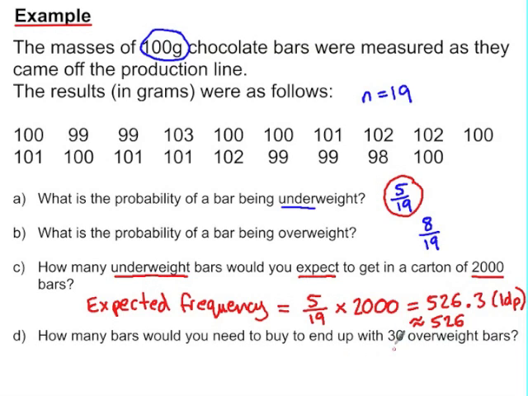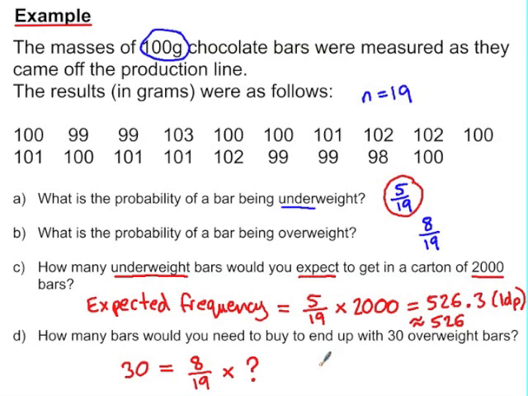Finally, we're asked how many bars would we need to buy to end up with 30 overweight bars. So this is looking at the question in a slightly different way. We want our expected frequency to be 30, and the probability of a bar being overweight is 8 over 19. So what number of trials will result in a value of 30 when we multiply by 8 over 19?